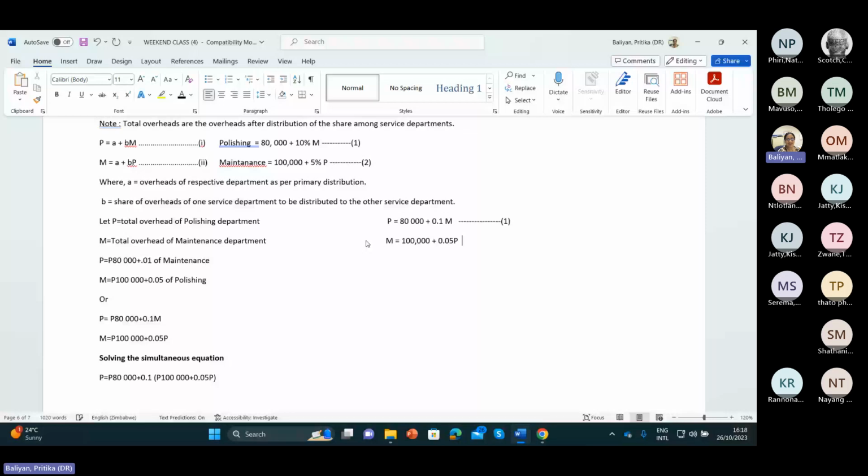Now we can solve these equations. If you want to calculate the value of P or M, you can use either equation 1 or 2. Just put the value, like in equation 1, we will put the value of M, because M is equal to 100,000 plus 0.05 P. So now we are putting the information in to solve the equation.